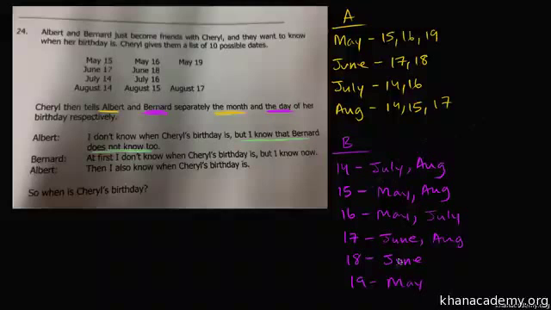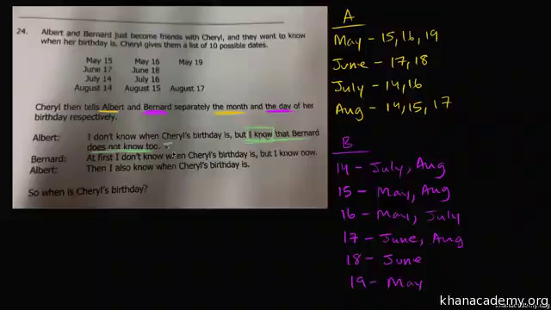Well, Albert has the same information that we have right over here, and Albert says, well, look, if Bernard was given an 18 or a 19, then he would know for sure that Bernard does know the date. So the only way he can say, I know that Bernard does not know too, means that Albert knows that Bernard did not get an 18th or 19th.